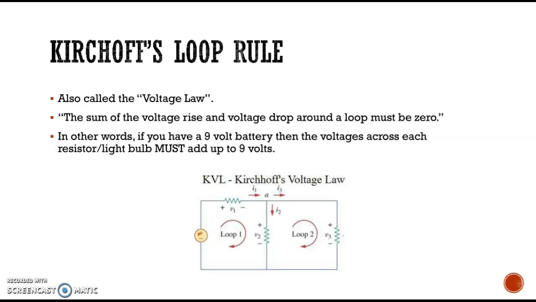If we did that with this loop here, it would be the same thing. We would still see 4.5 volts here, 4.5 volts here, and then back around here to 9.